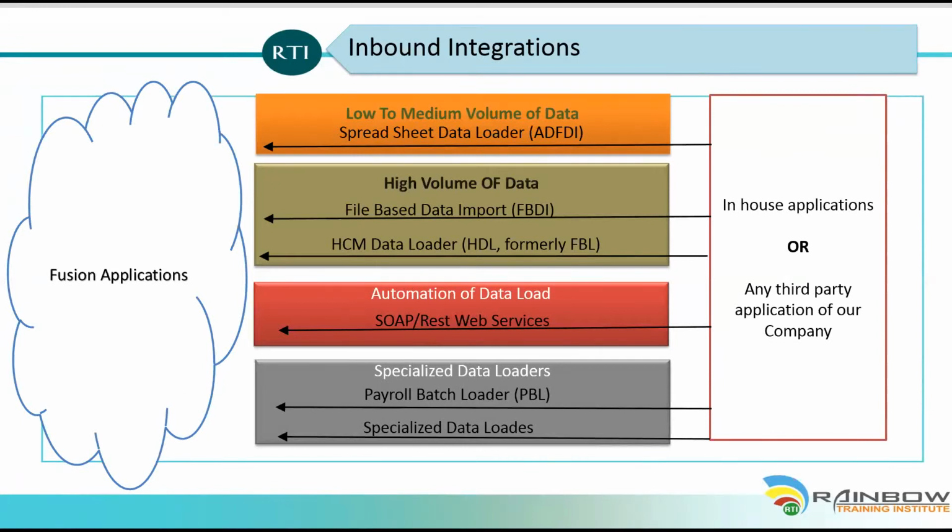Inbound, outbound integration. When you say integration, typically that cannot be done, it's not like switching on and switching off. It needs enough implementation to pull out the data. For example, if you want to automate the inbound and outbound integrations between the Fusion applications and, think of your company having custom applications in .NET, and these two systems should talk together every day.